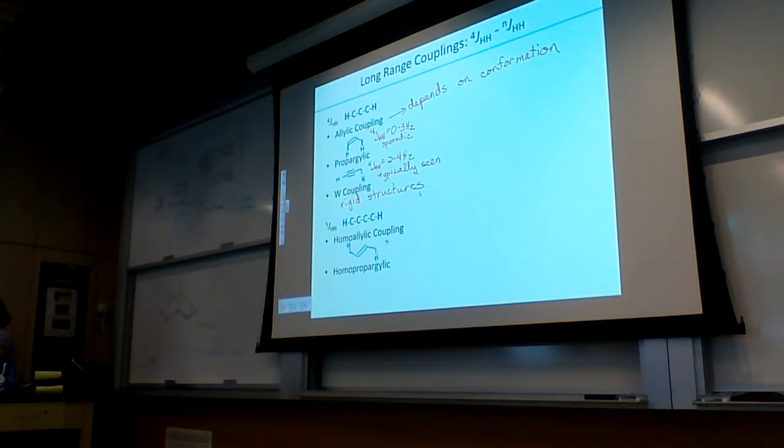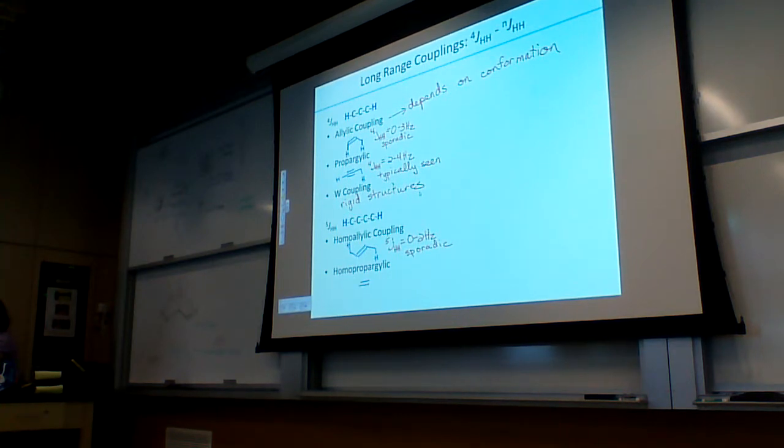Our J5 coupling for that is typically pretty small, somewhere between 0 and 2 hertz. And this again is a sporadic coupling. You may or may not see it depending on what molecule you are looking at.